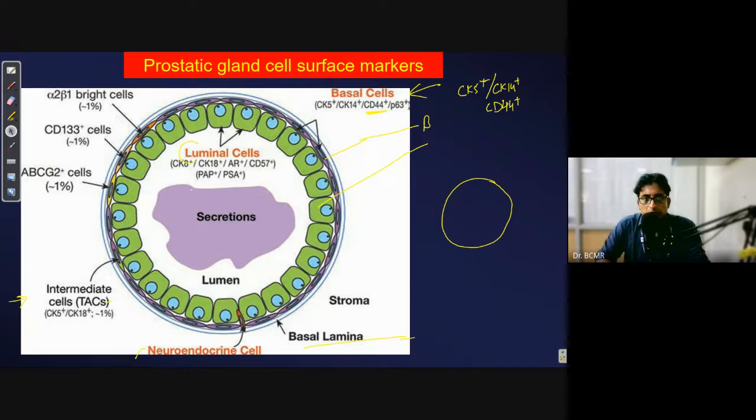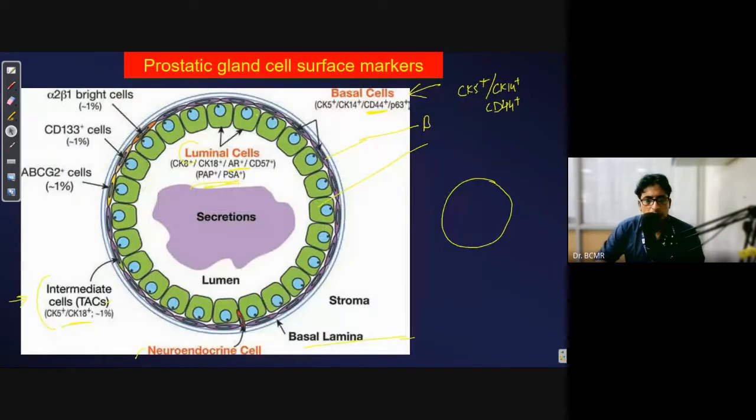The luminal cells have different cell surface markers: CK8 plus, CK18 plus, and so on. AR plus would be the androgen receptor, and PSA, prostate specific antigen. And the transit amplifying cells may have other cell surface markers. What we are talking about here is general, the normal tissues and cells of a prostate gland.